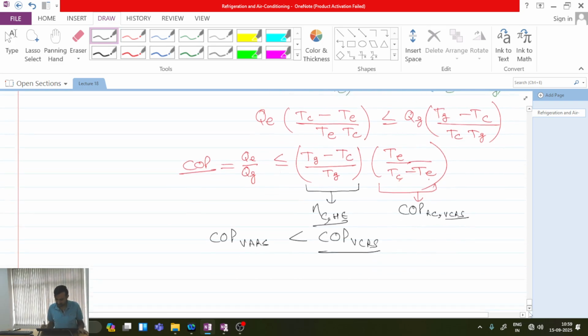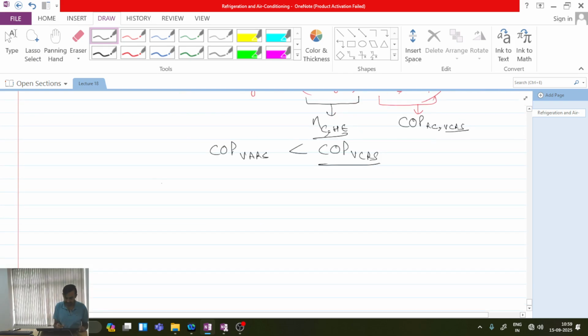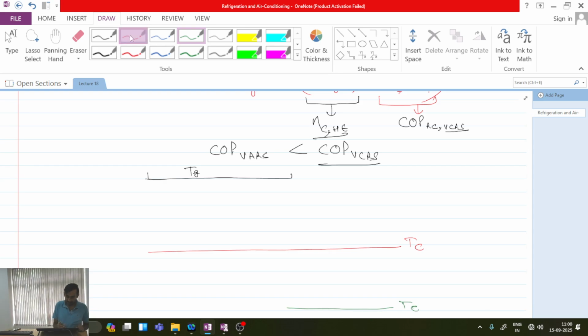So you can see simply, I have three temperature limits: one is TG, other is TC, and one is TE. It is like I am operating a heat engine between TG and TC, which is doing W amount of work by taking QG heat and removing QC.